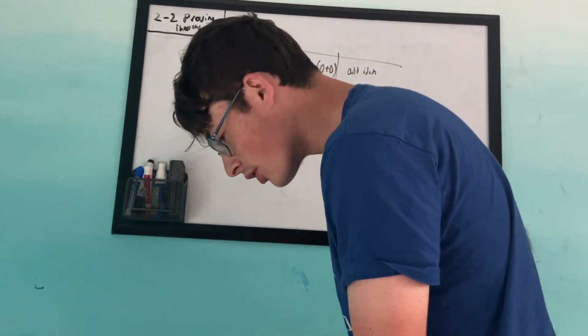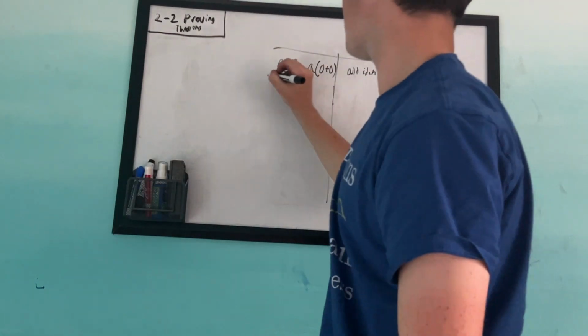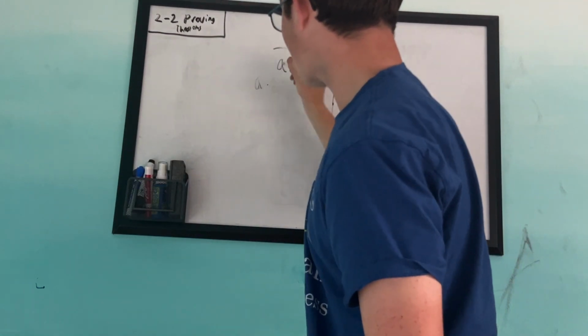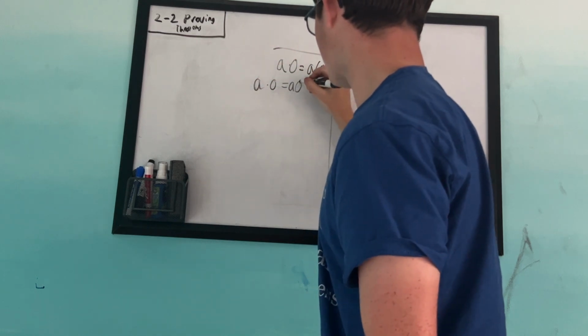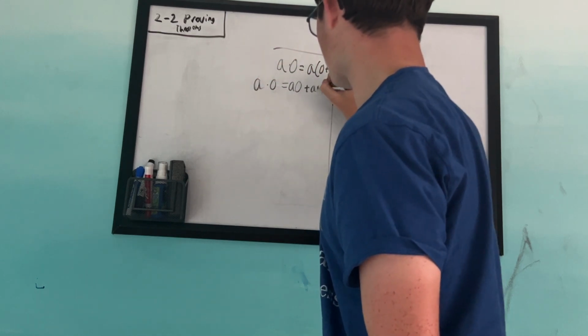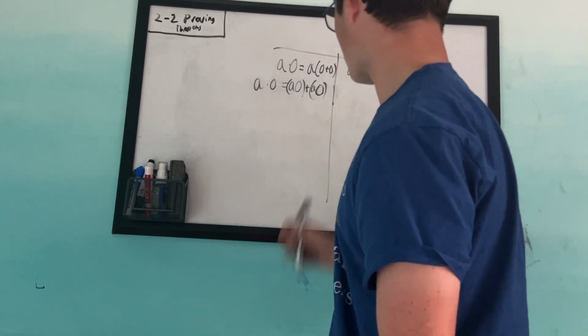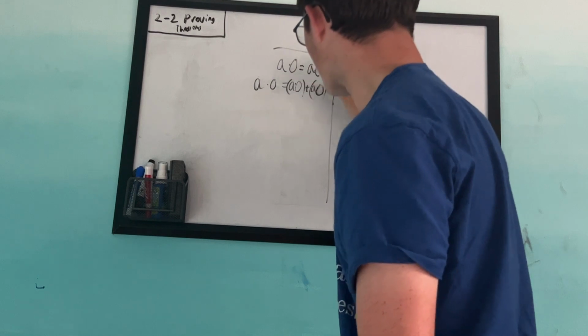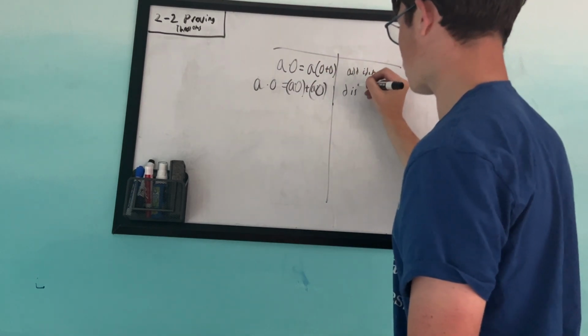Then you have to do this really janky step where you distribute the a over the 0 plus 0. And this is left distribution.